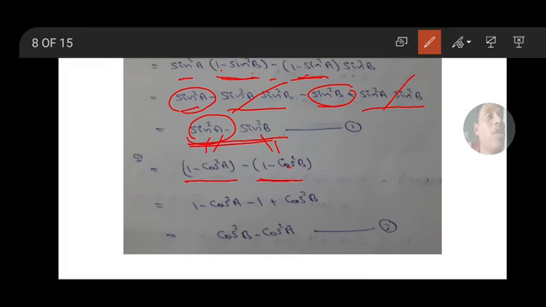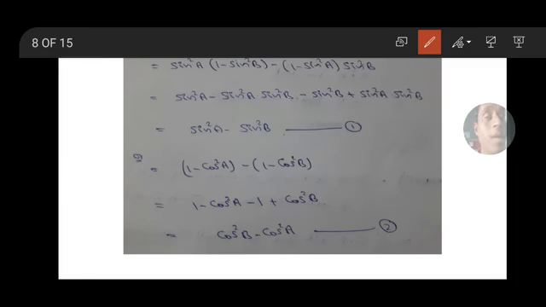So simplification, 1 minus cos square a is the same, multiplied with minus 1 plus cos square b. Minus 1 plus 1 cancel. So cos square b minus cos square a. It is the solution, the result in terms of cos, as before in terms of sin.